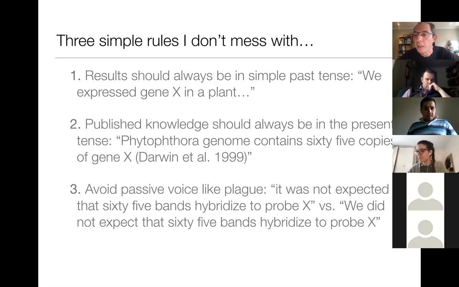The passive voice, by definition, is actually lawyer type writing; it's meant to be ambiguous. It's meant to provide some wiggle room for interpretation, and that's not what we want in scientific writing. We want to be clear and unambiguous, as unambiguous as possible. So therefore, it's better to say we did not expect 65 bands, rather than saying it was not expected.